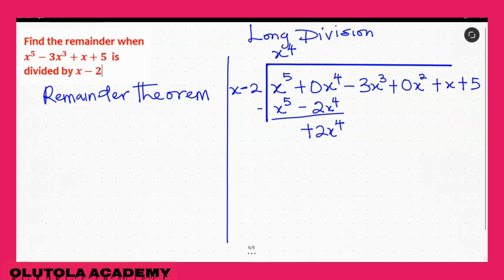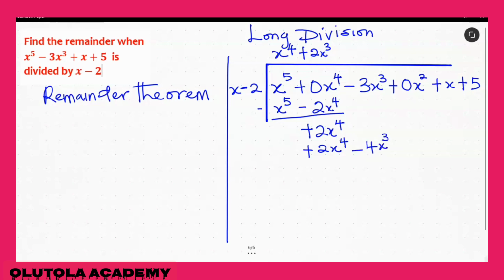2x raised to power 4 divided by x will give us plus 2x cube, and when we multiply x minus 2 by 2x raised to power 3, we have plus 2x raised to power 4 minus 4x raised to power 3.